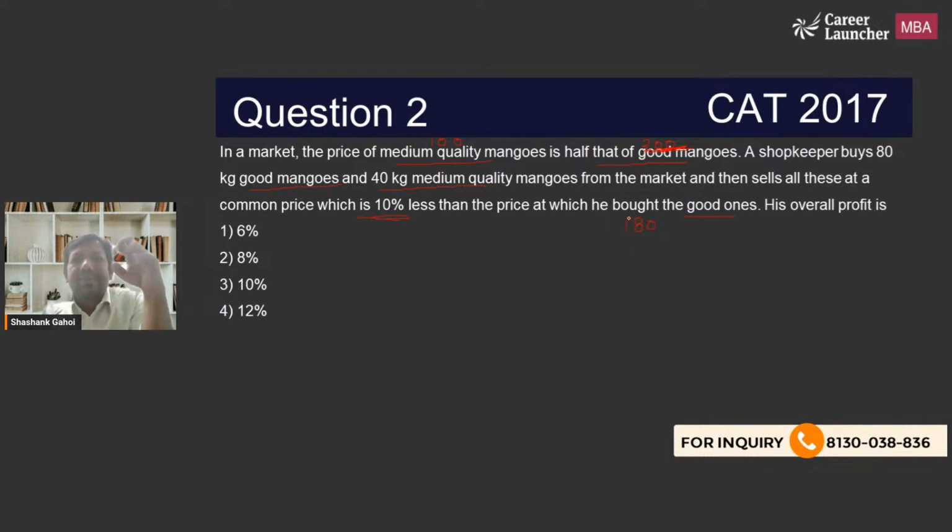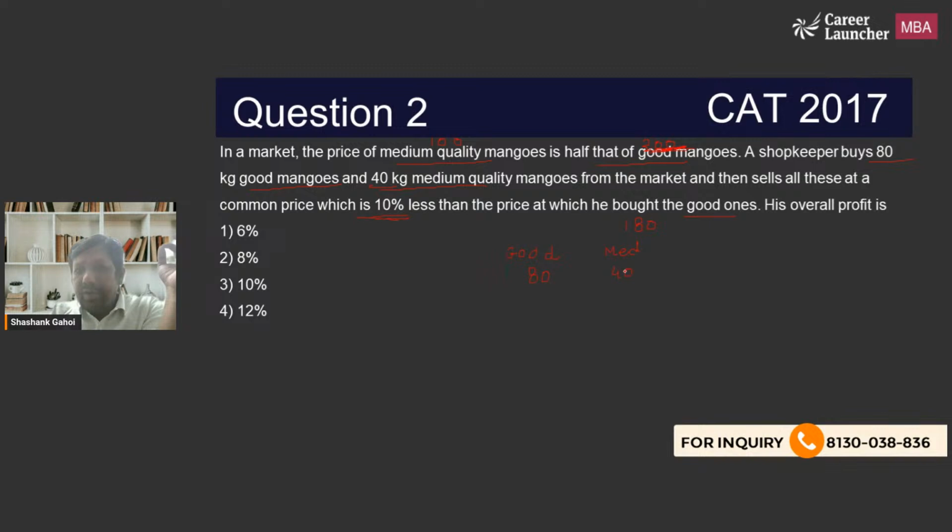Okay. So basically there are multiple ways to solve this question, but instead of taking 80 kgs and 40 kgs, since the question is talking about the profit percent, not profit, I don't care about what kind of quantity we are talking about. So here it is 80 kgs of good and 40 kgs of medium.